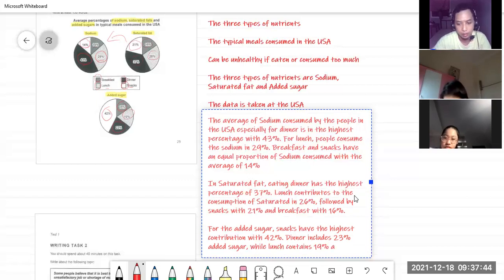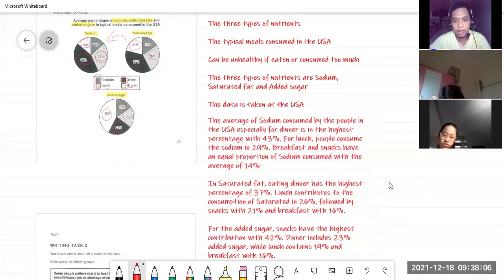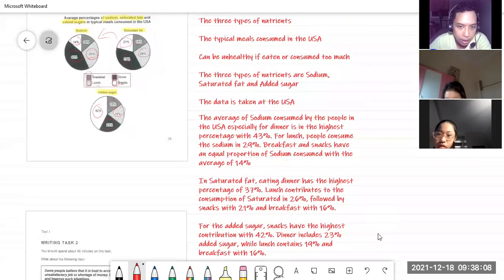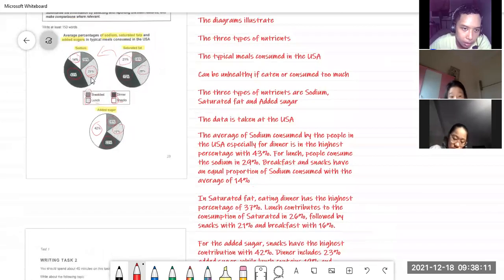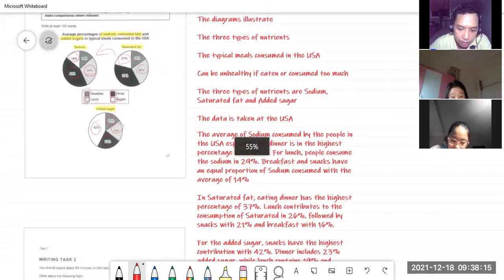Okay, and what is the last one? And breakfast with 16%. Okay, very good. So yes, we have explained all three charts or diagrams.